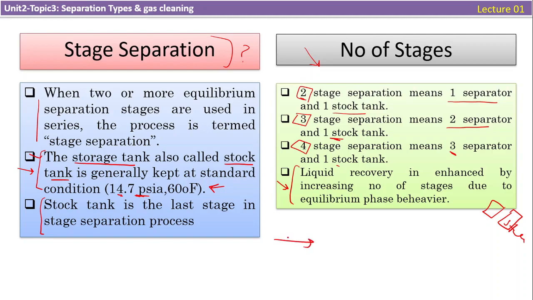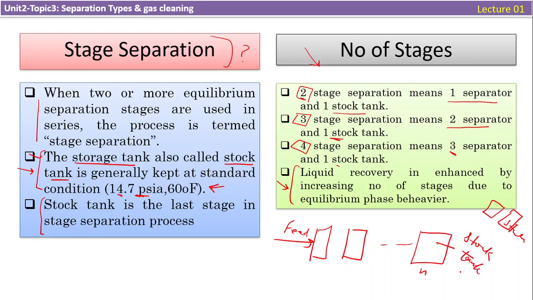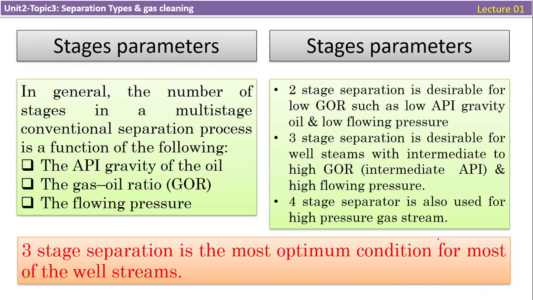For example, if the feed is coming from any reservoir, you can make the possible stages, but the last stage will be the stock tank or storage tank. So in all cases, always the last one is the stock tank and the storage tank.